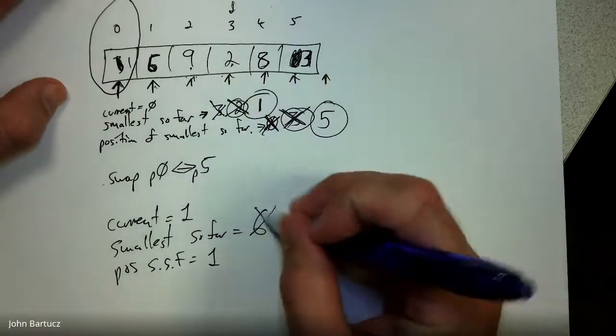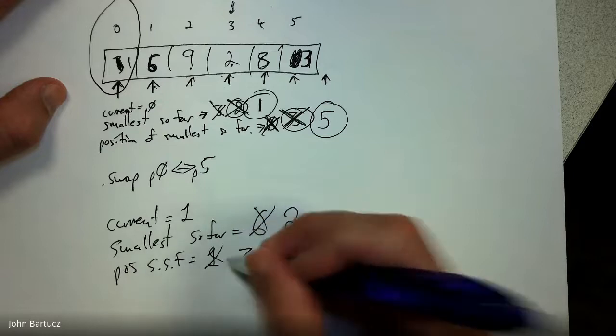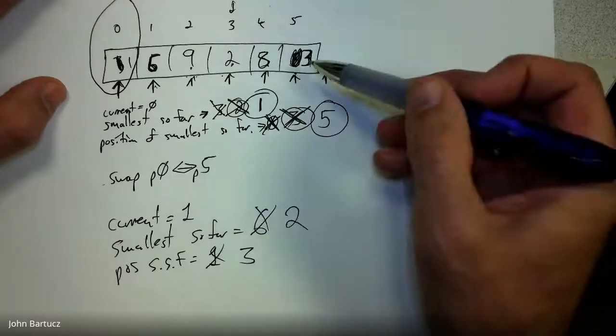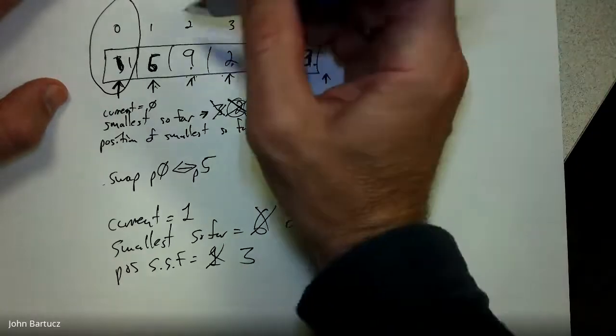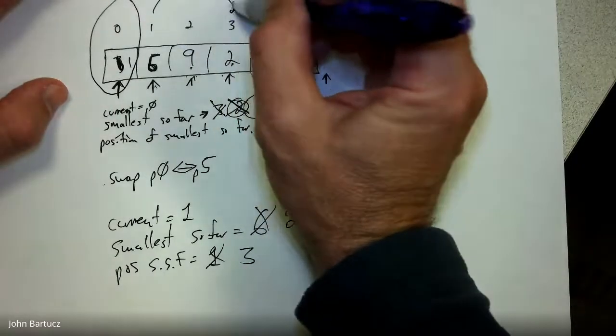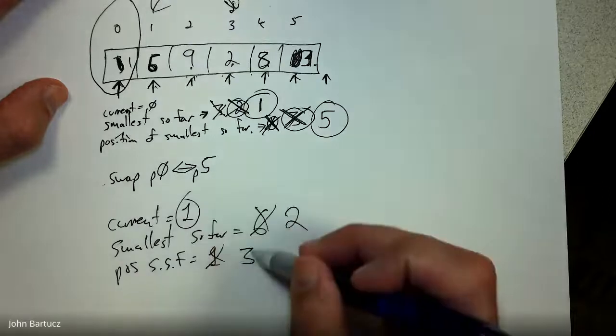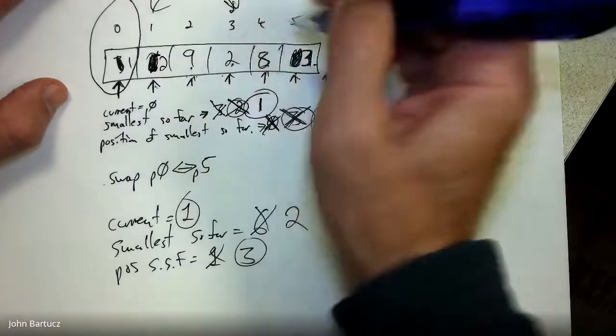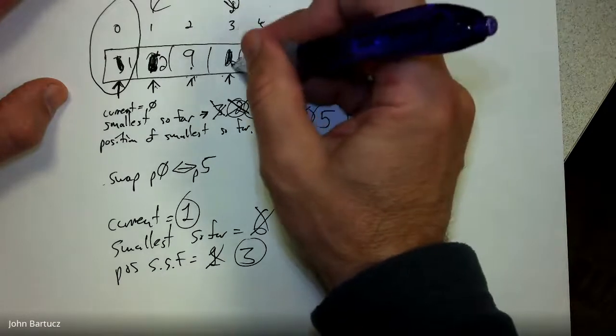So the smallest so far is 2, and that's position is 3. 8 is not less than 2. 3 is not less than 2. So then we swap these guys. And now this is 2, and this is 6.